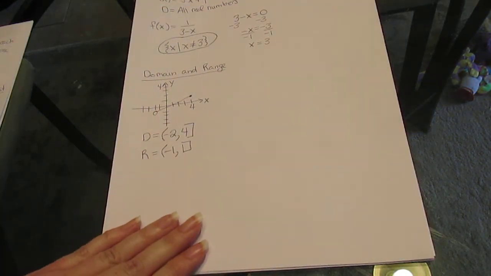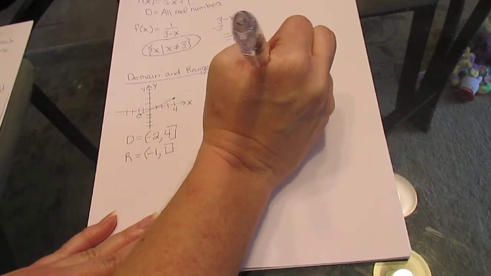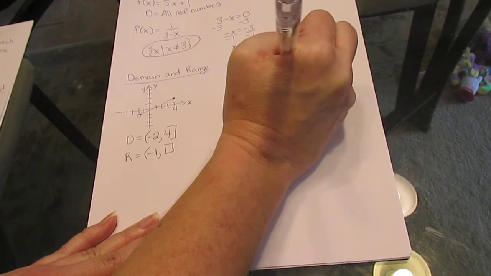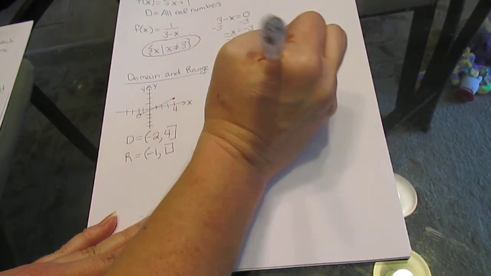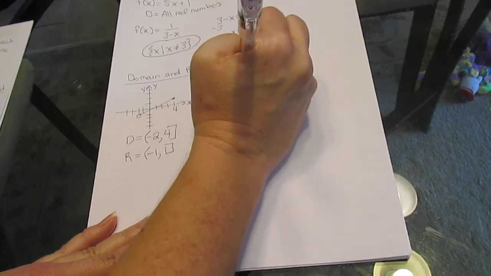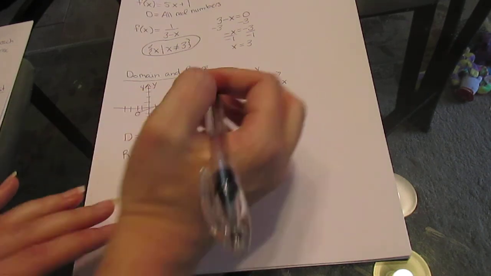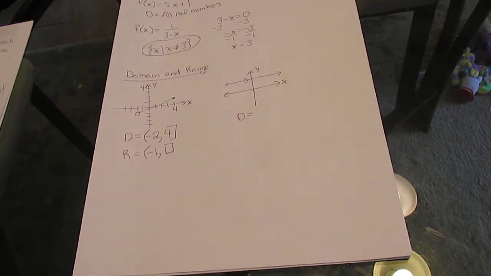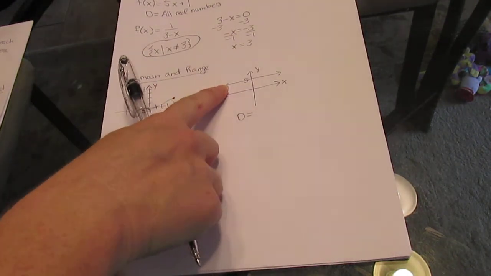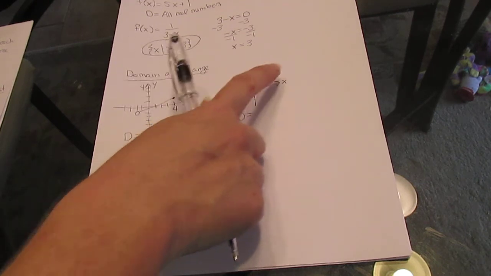Let's just take a look at a couple more graphs. This one, I simply put a horizontal line at 5. Okay, well, if we're looking at the domain, that is our x values. Well, notice that we start at -infinity. It keeps going to the left.